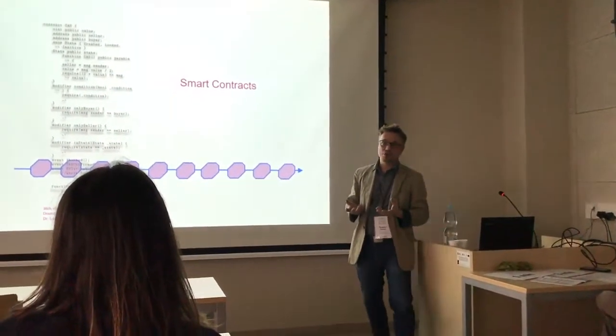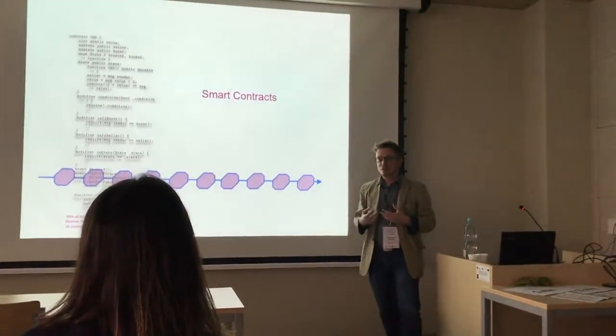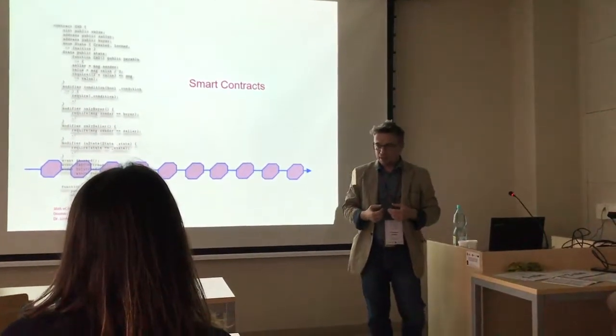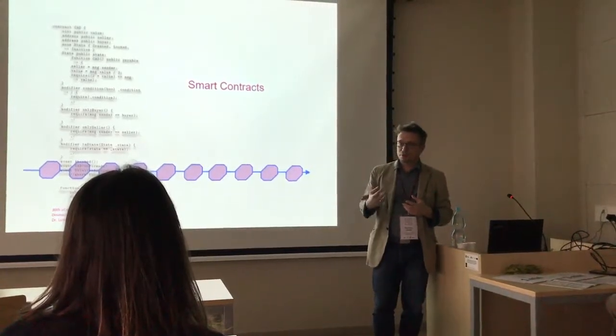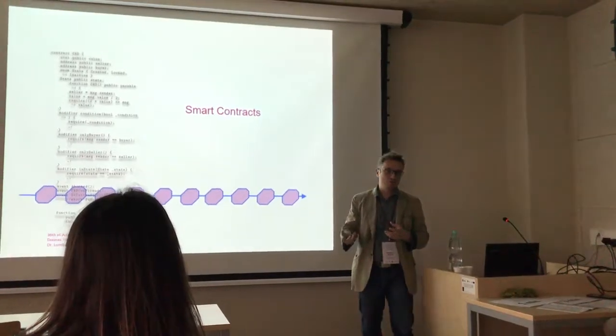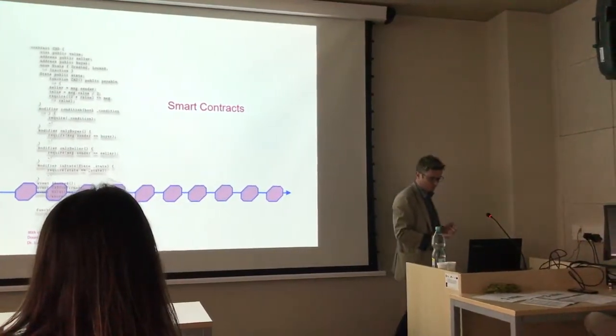So within the blockchain, you can encrypt a contract that can be bound by law, and you can execute contracts automatically without having to go through a negotiation process and so on and so forth.